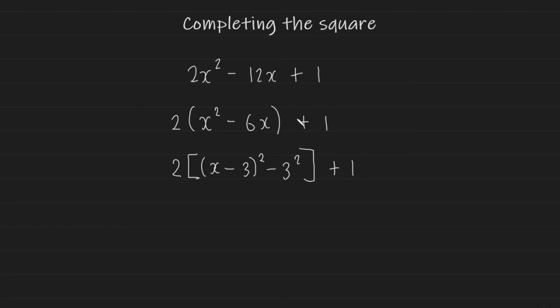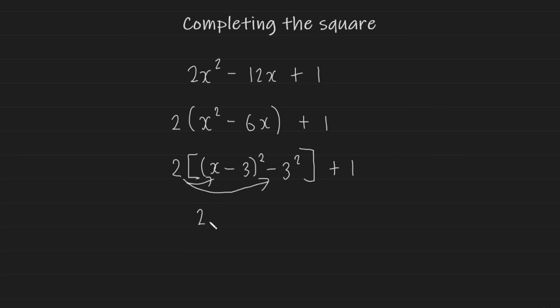As you can see, this plus 1 wasn't included in the completing of the square process from this line to this line. And that's fine because we didn't actually perform any operations on this plus 1, so it stays as is. We now multiply the 2 on the outside back in, expanding it into the values.